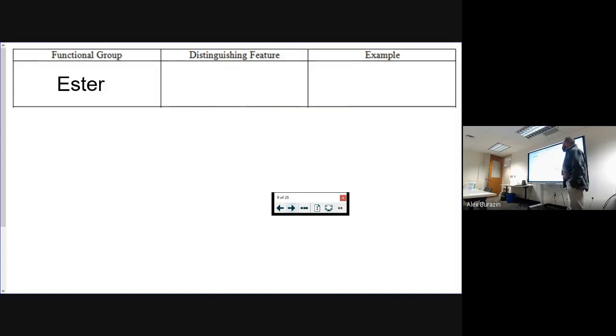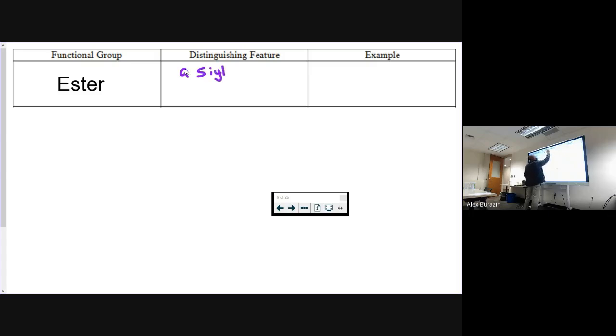You know what we got? Ester. This is not an old woman at a nursing home. Or maybe. Okay. An ester is, what do I want to describe this?